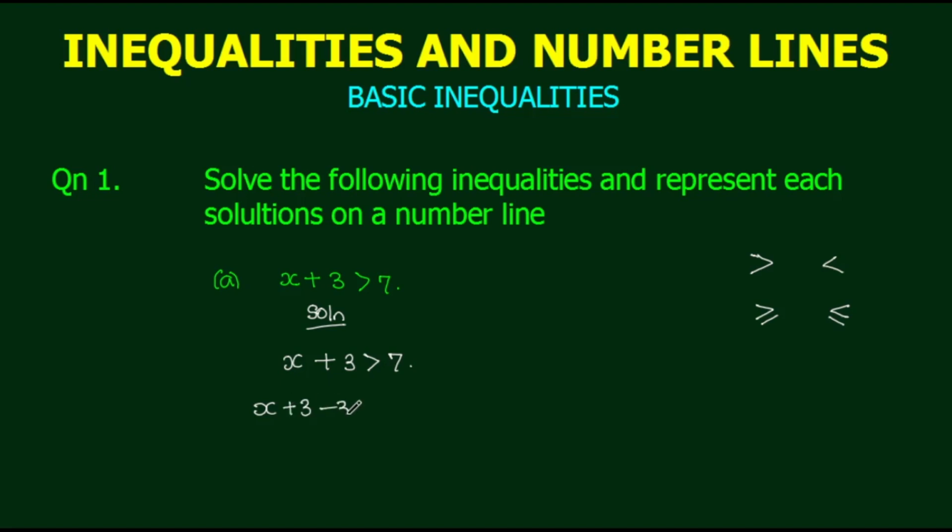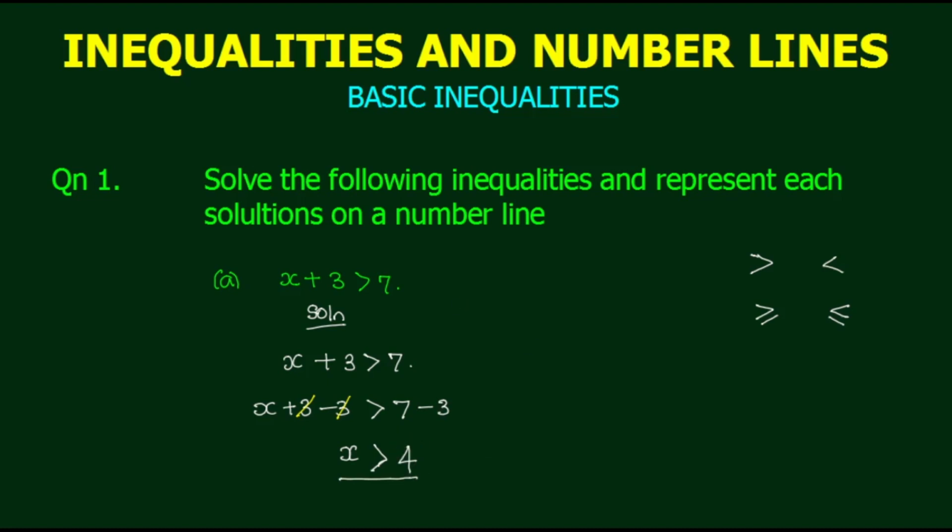So on the left hand side we subtract 3, and also on the right hand side we subtract 3. And this negative 3 and positive 3 will cancel, and we're left with, on the left hand side of this inequality, x is greater than. When we subtract 3 from 7, we have 4. Now here, this is the solution.